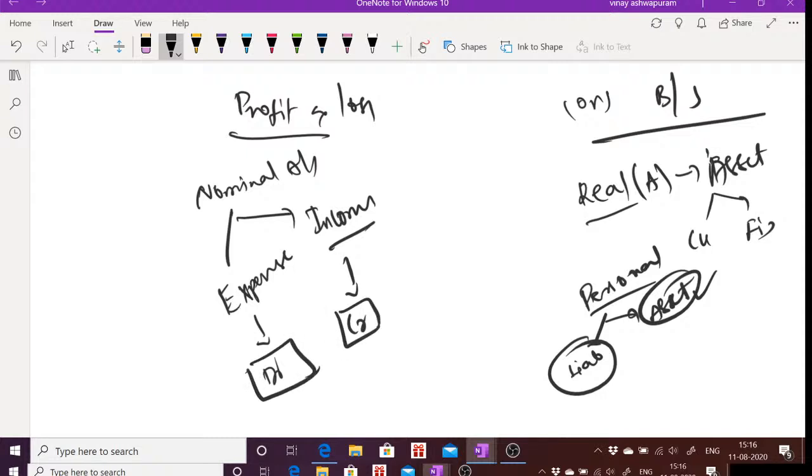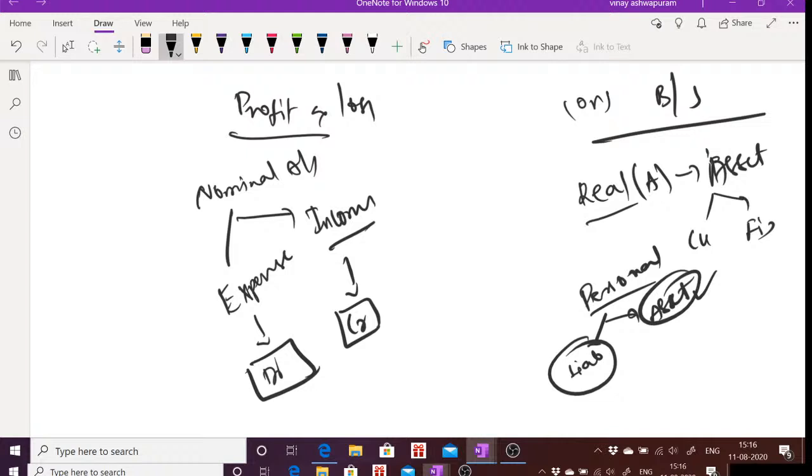Why I'm giving all these things is that I just wanted to give an overview of how from the journal entries or subsidiary books we turn that into ledger posting, from that how you go into the trial balance, then how you post into the profit and loss account and the balance sheet. So we just have to pick which are the nominal accounts and whether each is an expense or not.